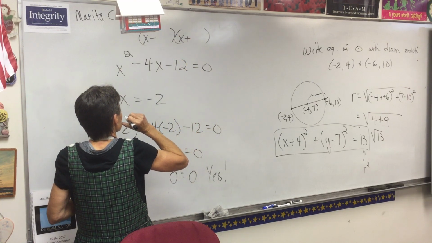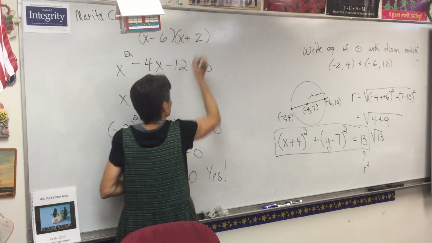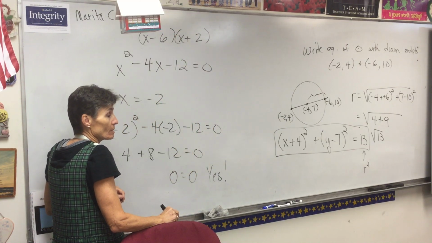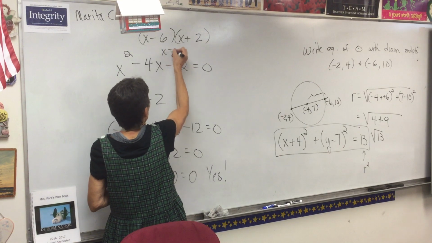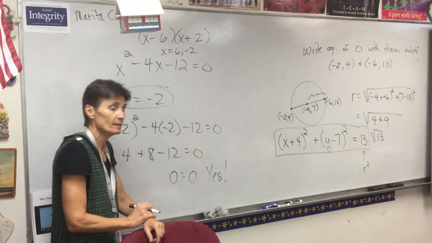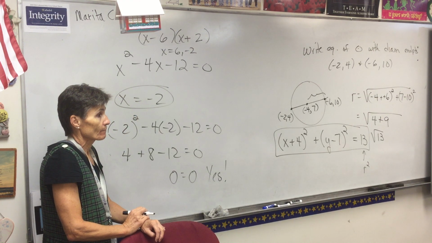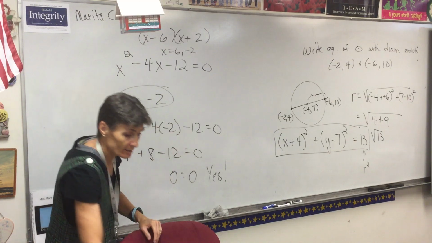Let's see, factors of 12, so that'd be what, 6 and 2? So the roots are 6 and -2, so is it a solution? Yes, it is. So that's another option. Of course, to do that, you have to remember how to solve a quadratic.